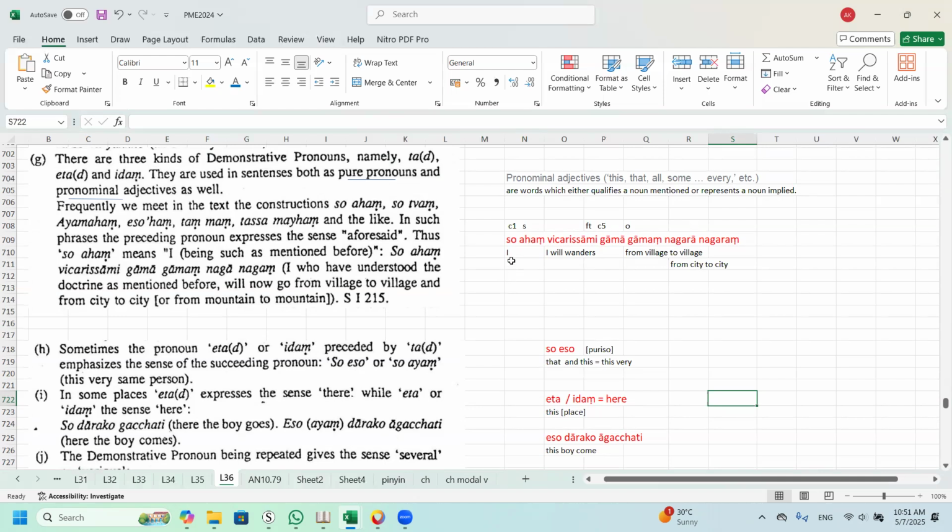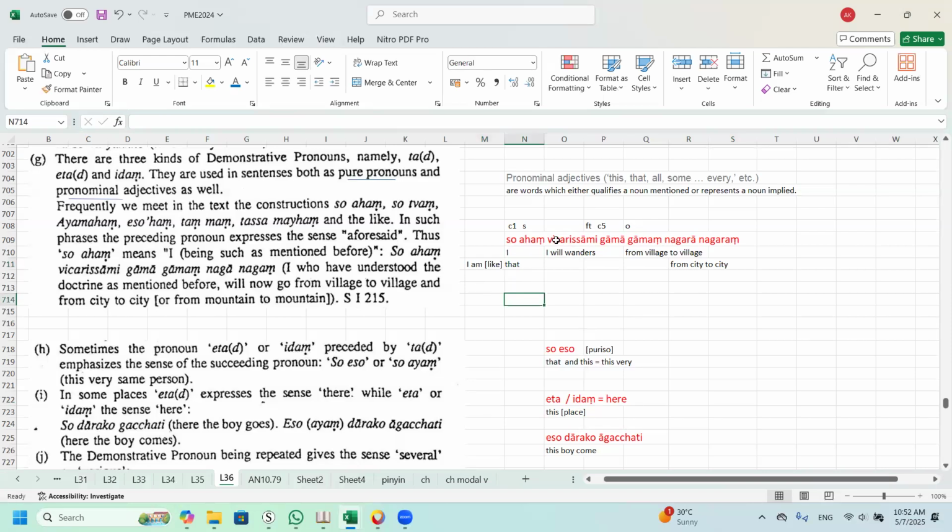Okay, I'm going to translate this for you. What does it mean? Ahang is I, right? It's also technically this word is I, and these two combined I will put I am. So I am like that.